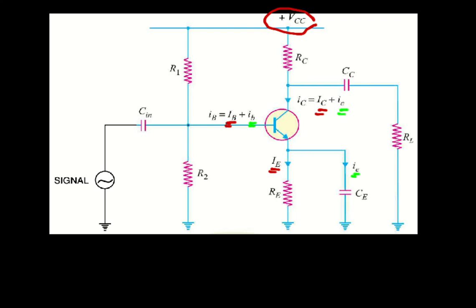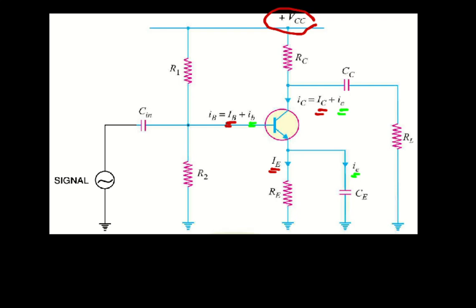So in an amplifier circuit, the currents through different branches will be the sum of AC and DC voltages and currents. So it is easy to discuss a circuit with its DC conditions and AC conditions separately, so that to get the total current through any branch we need to add the AC and DC currents.